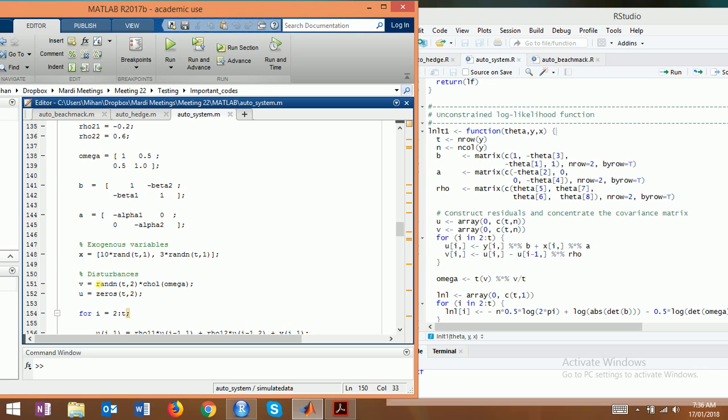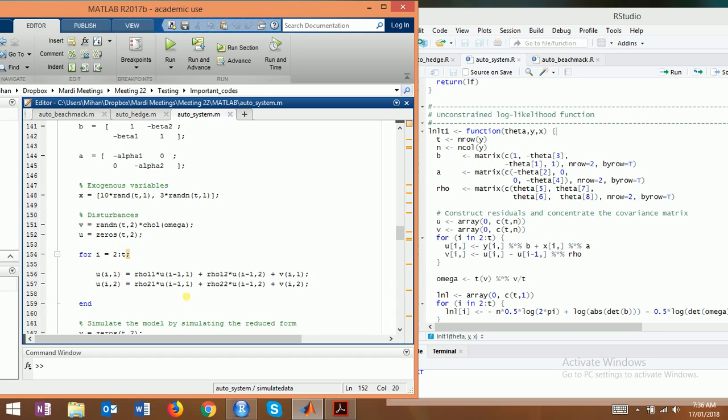So the T1 disturbances are simply a random number, T rows by 2 columns, because we will have 2 V's multiplied by omega, and we have 2 residuals. We always calculate the residual with a loop from 2 to T, because starting from 2 we have 2 variables.